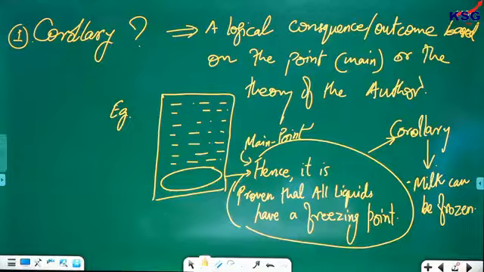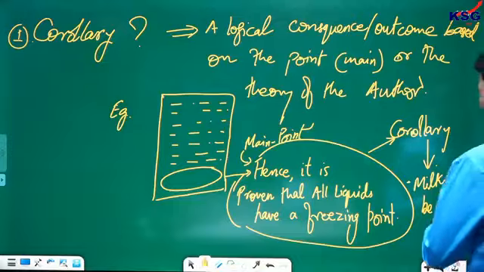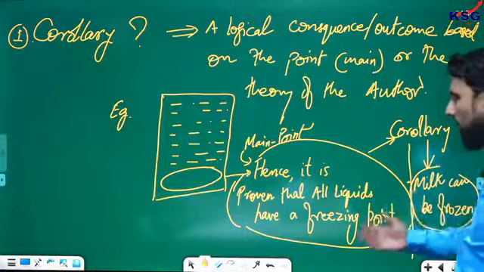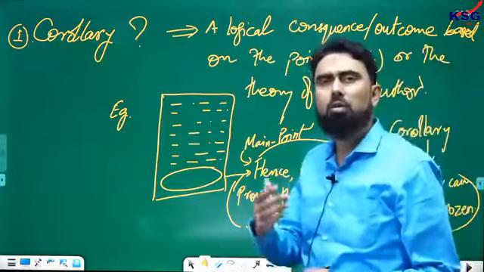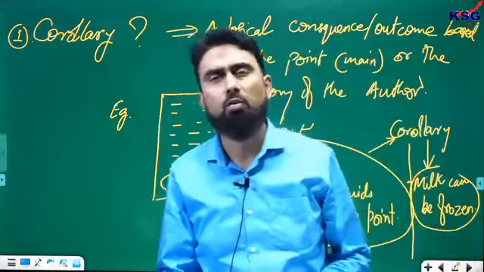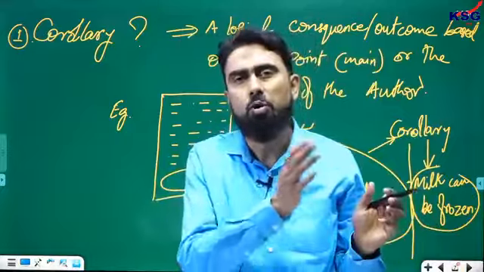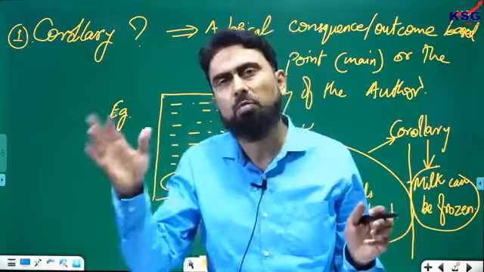Now it is valid logically based on the main point of the scientist's finding, and there is no doubt. So corollary is the logical step that you have taken, a deduction that should be logically based on the author's main point.